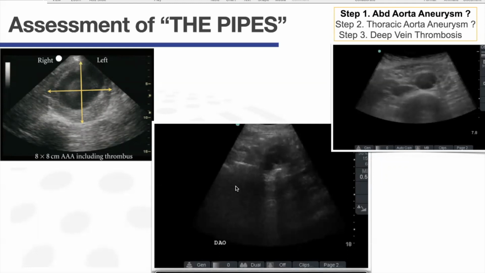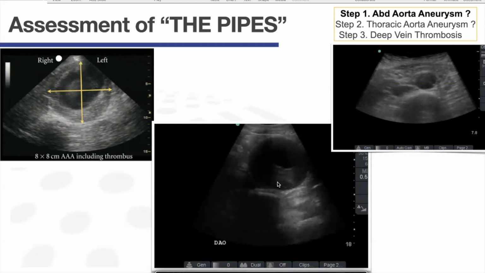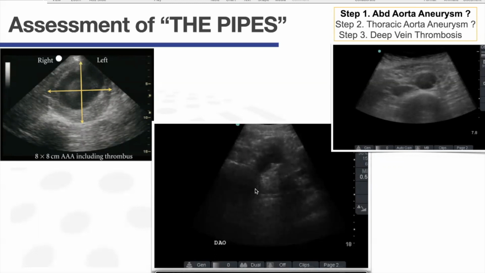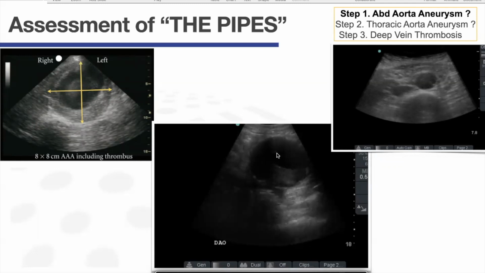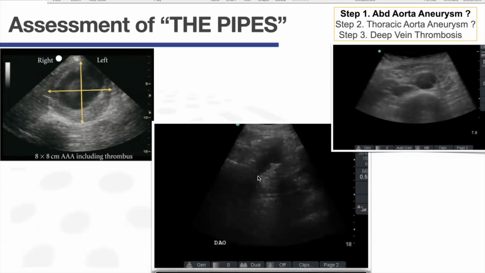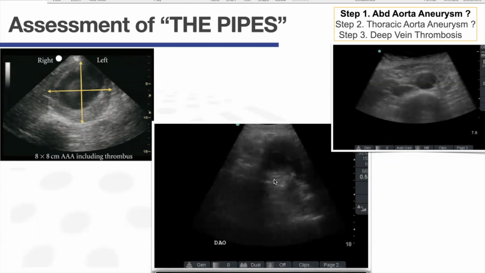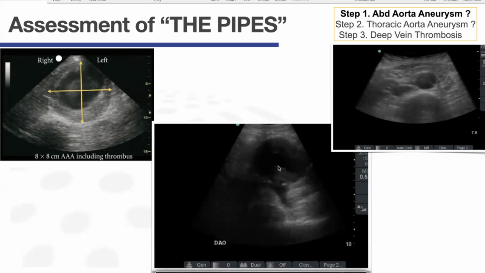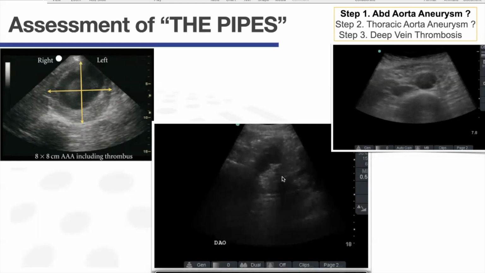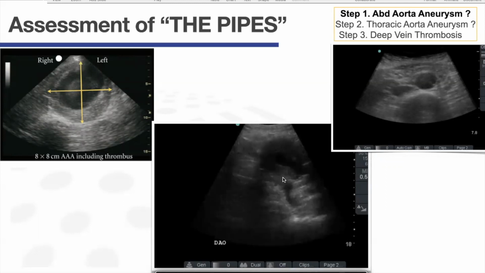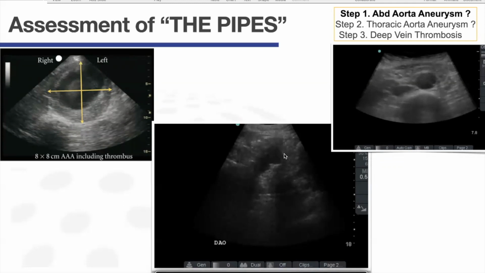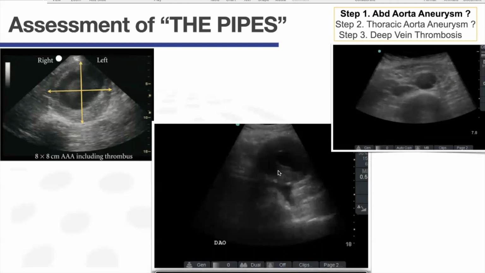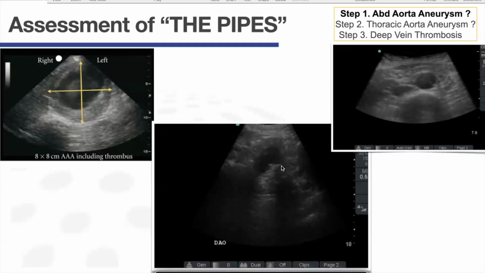On further assessment of the abdomen in the video itself, you can see an increase in the diameter, more than 5 centimeters, and there's presence of thrombus inside. Or there's even probably a dissecting aortic aneurysm, as there is a false and a true lumen.